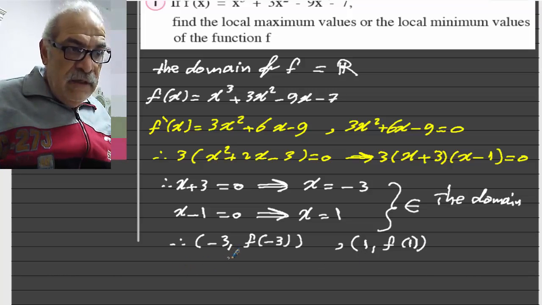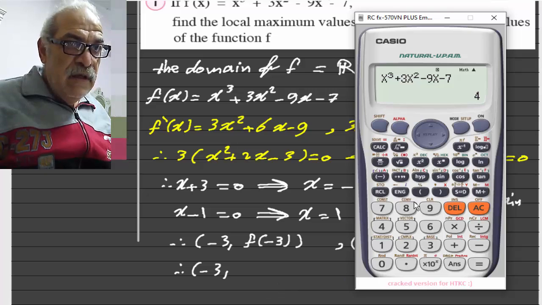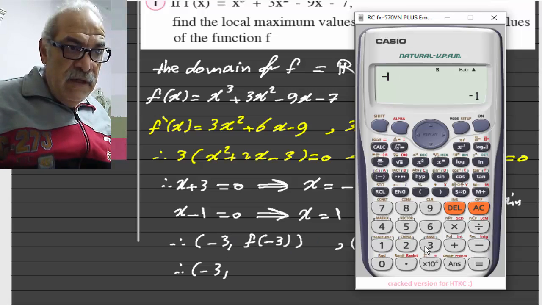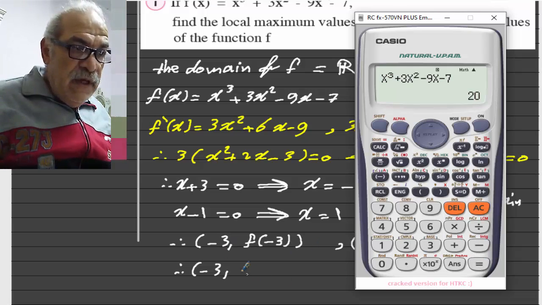And we calculate f of negative 3, for x equals negative 3. We get 20.